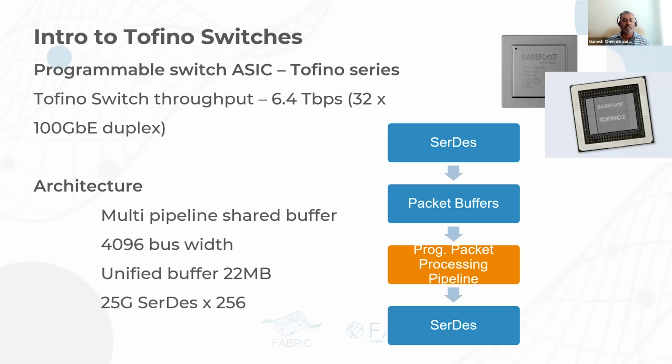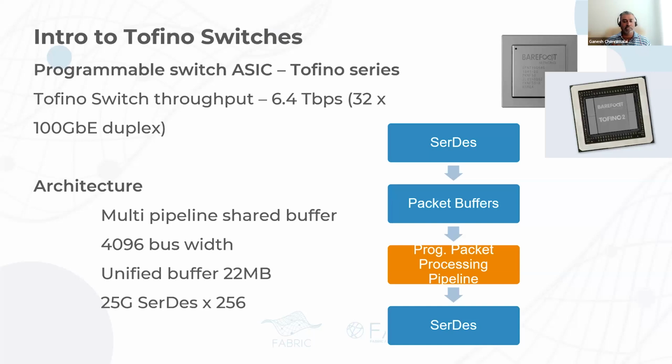This also places another restriction, implicitly, on the switching pipeline, because you can hold packets only for a short time. 22 MB at 100 Gbps or like 6.4 terabits is going to be worth a few microseconds or maybe a little bit more. But that's the overall traffic that you can actually hold.